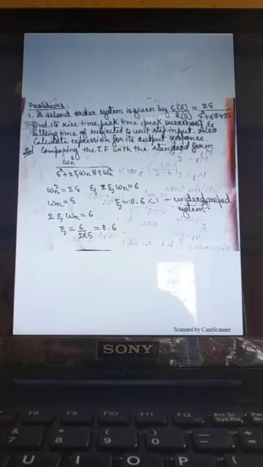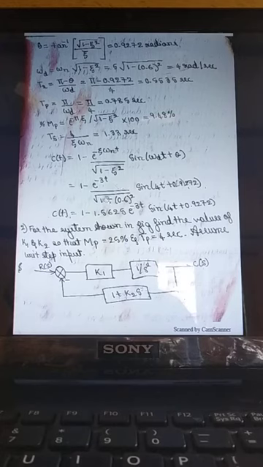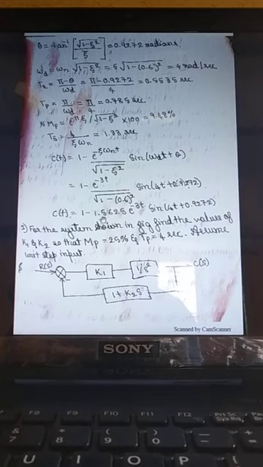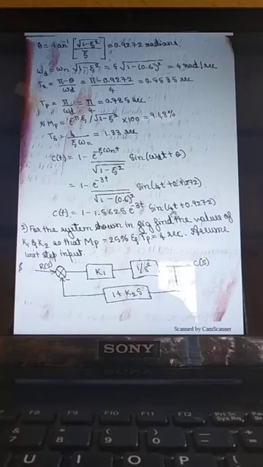It is underdamped, so I have taken this one. You know the values of zeta, omega n, omega d and theta. Substitute, you will get C of t is equal to 1 minus 1.5625 e to the power of minus 3t sine of (4t plus 0.9272). I hope you will understand.